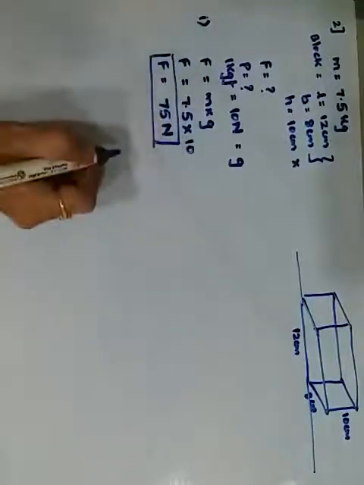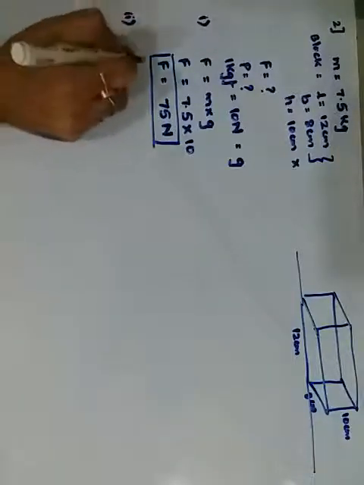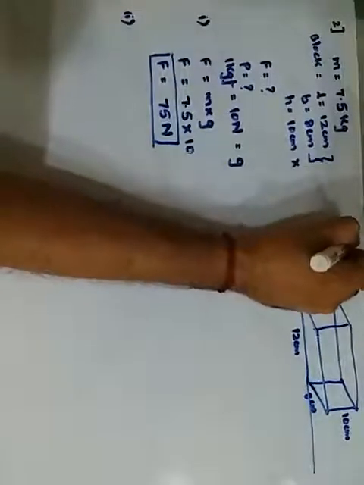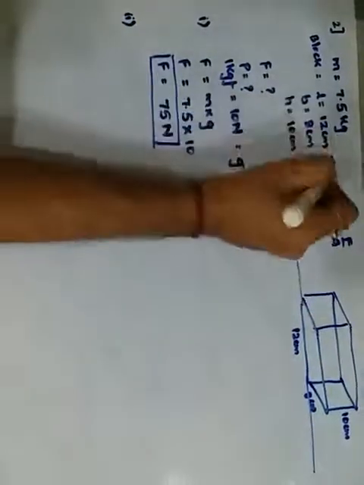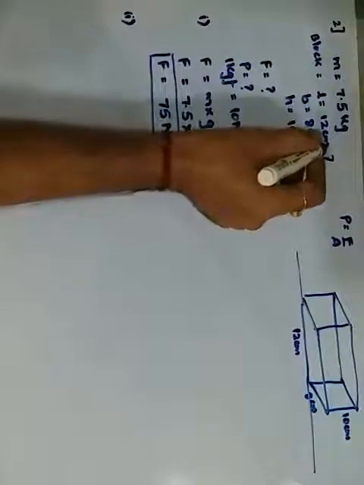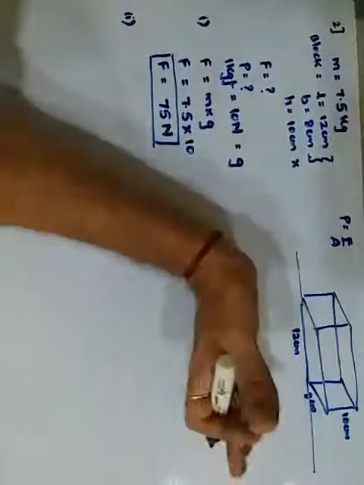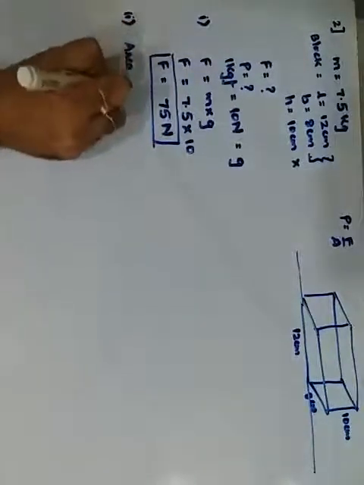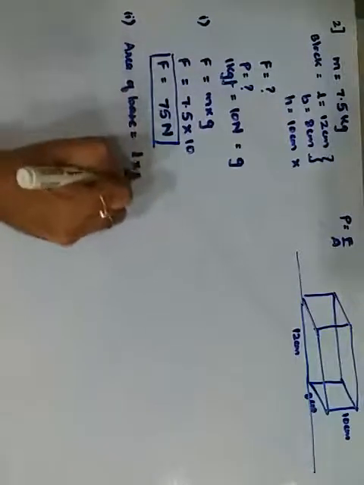Now we require area for pressure. Just listen, for pressure we require force upon area. So force we got, now area is required. We will find the area from this length and breadth because it is kept on the base. Taking length and breadth as the base, it is kept on the surface. Therefore the area of base is length into breadth.